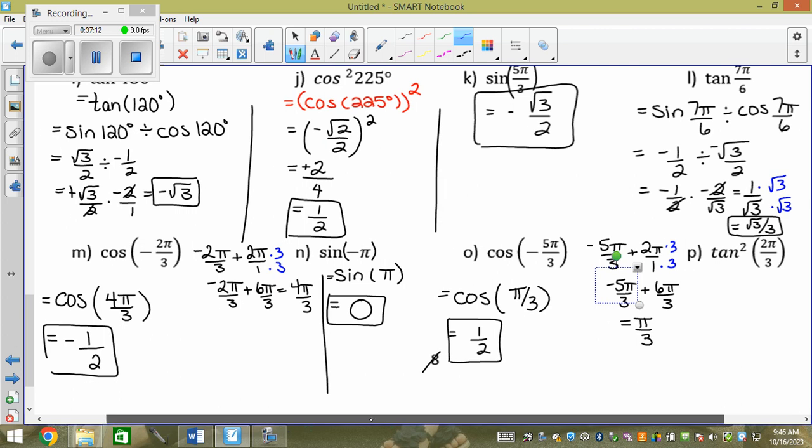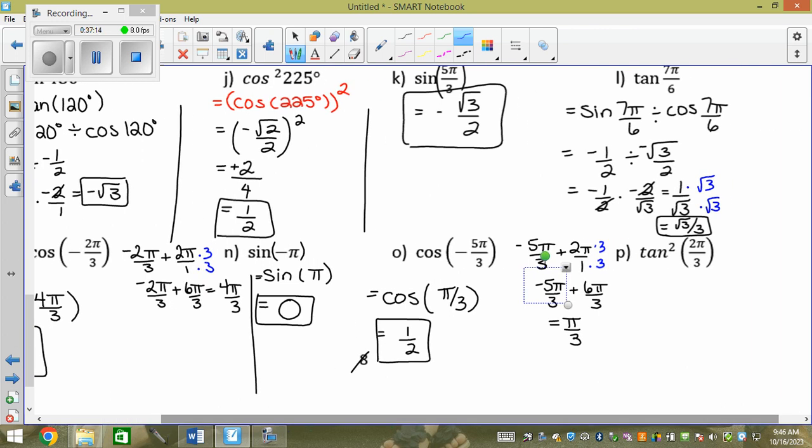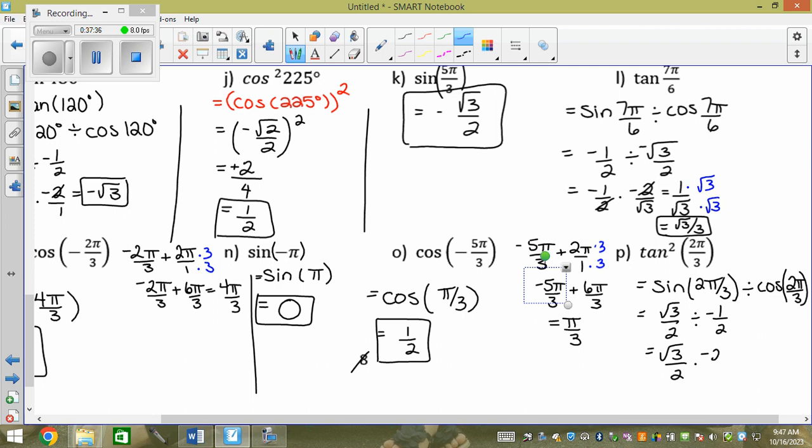And then tan of 2 pi over 3, we would have to find first, so we go sine of 2 pi over 3 divided by cos of 2 pi over 3. So sine of 2 pi over 3 is a 60, so it's going to be root 3 over 2 divided by negative a half, which is root 3 over 2 times negative 2 over 1, which is negative root 3.